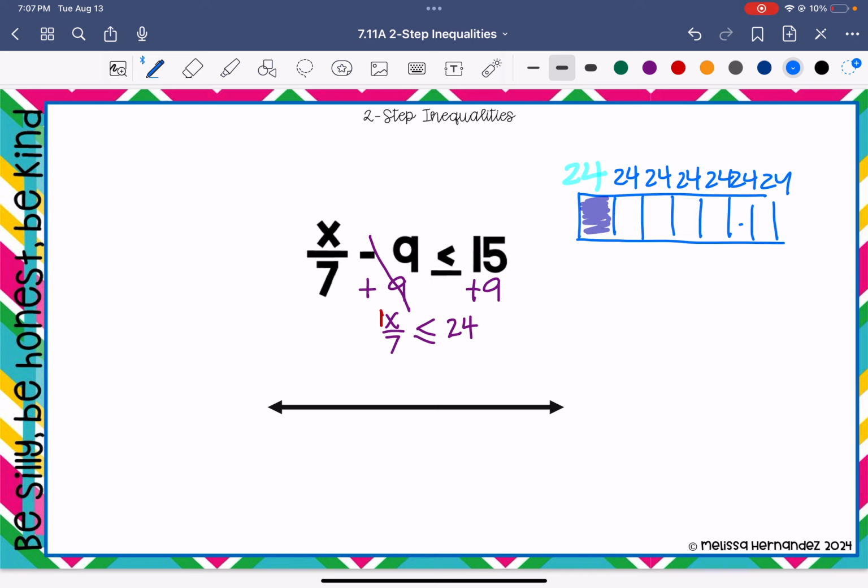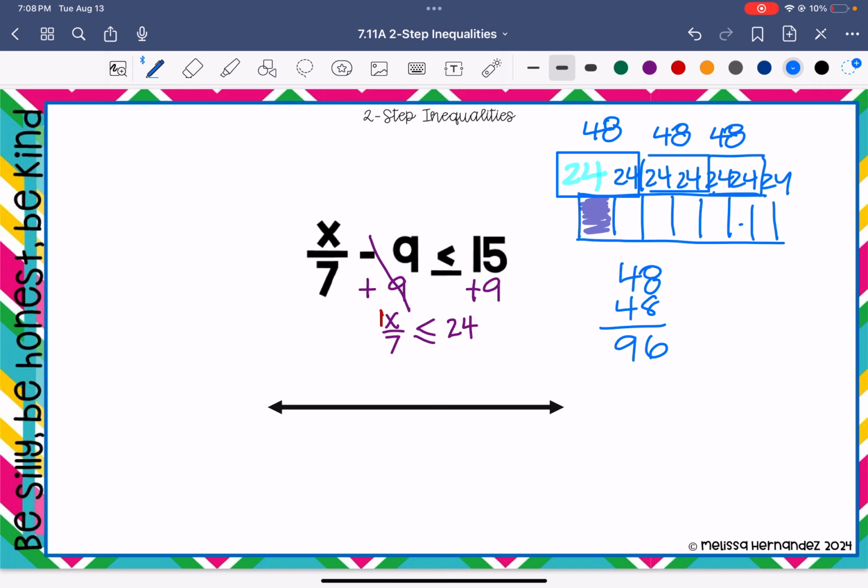So what we need to do is we want the total value of one whole, not 1 out of 7. So we know this is 48. I would add that. It's 48. So now you got 48. You got 96. Add another 48.